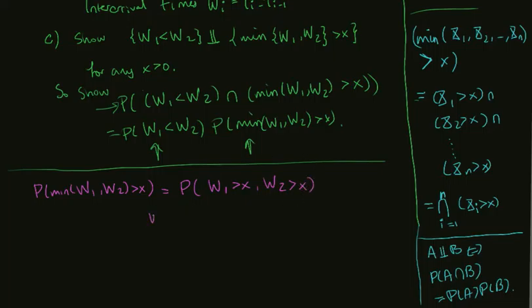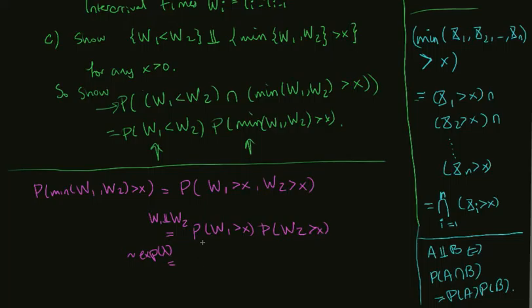And recall that the interarrival times are independent, so in particular W1 and W2 are independent, which means I have the probability that W1 is greater than x multiplied by the probability that W2 is greater than x. In fact, they're not just independent, they both have the same distribution, which was exponentially distributed with parameter lambda.